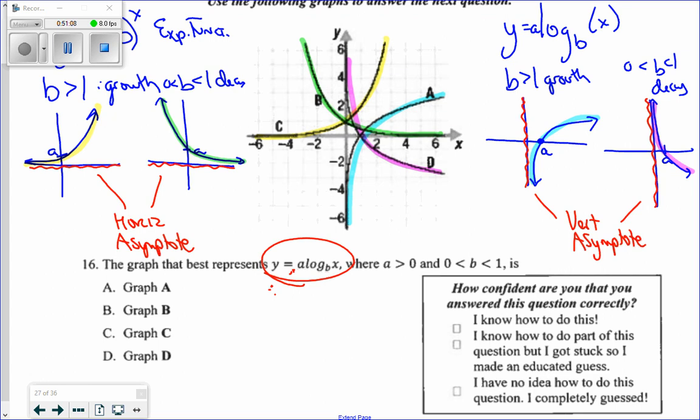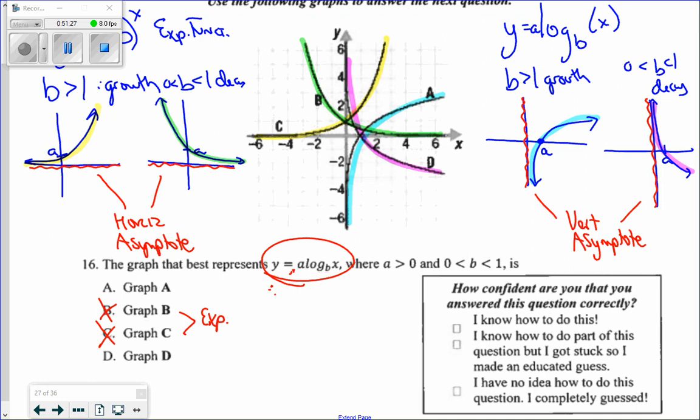Yellow and green. So yellow is C, green is B. These are exponential graphs. Okay? So if you knew that, you could at least get down to a 50-50 guess. Okay? So how do you then figure out the rest?